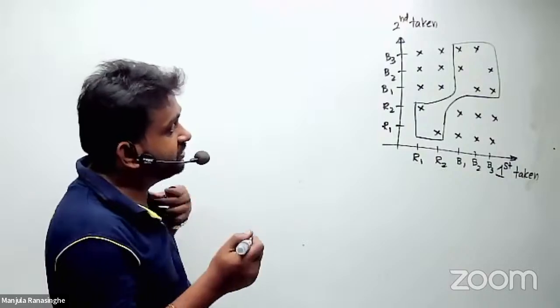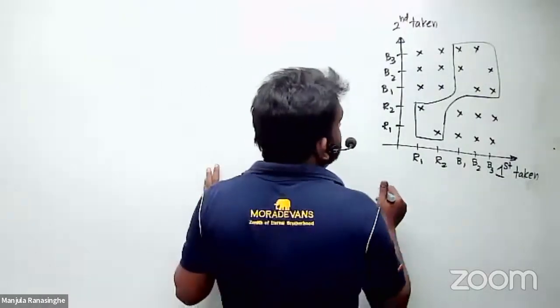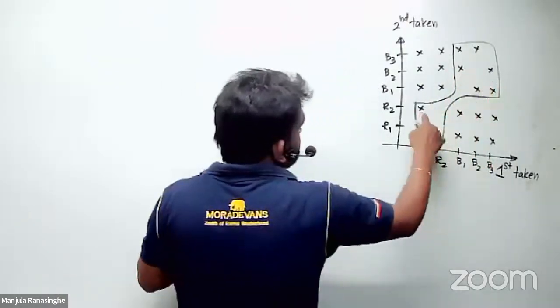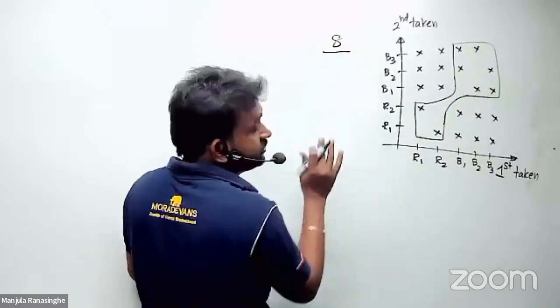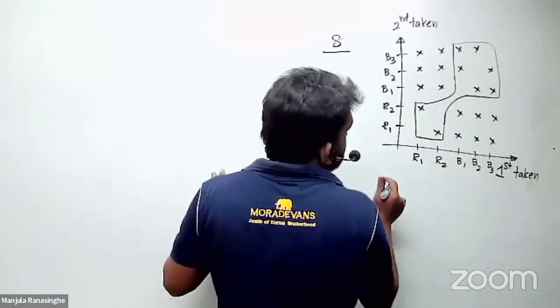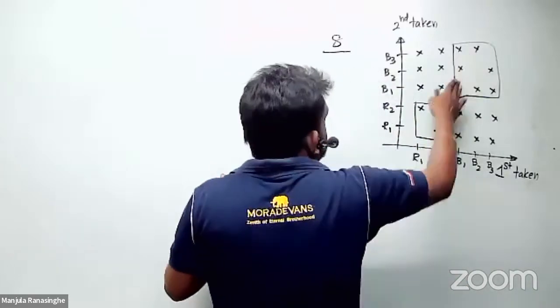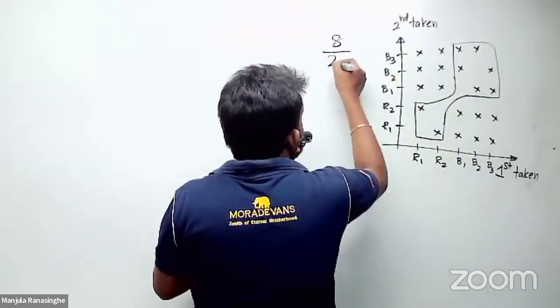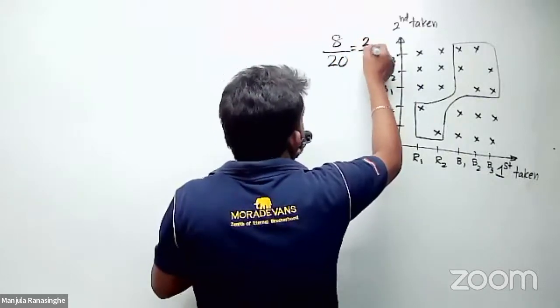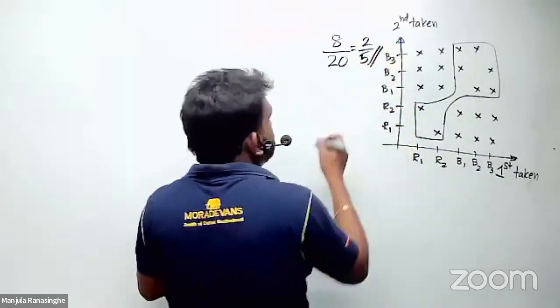How many elements are encircled here? 3, 3, 6 and 2, 8 upon the total. There are 5 and the diagonal is blank, so 5 into 4, 20. So 8 upon 20, 2 upon 5. That is the probability.